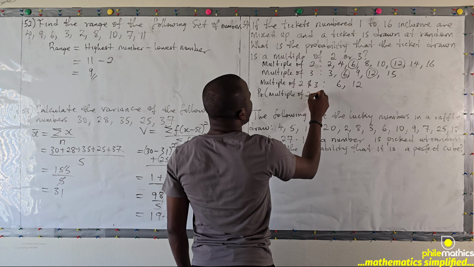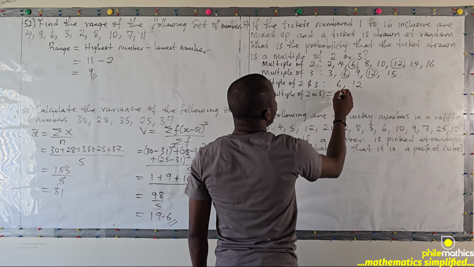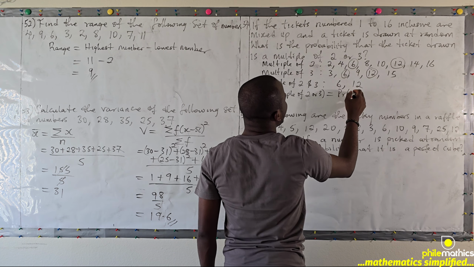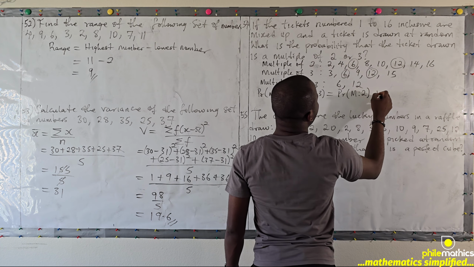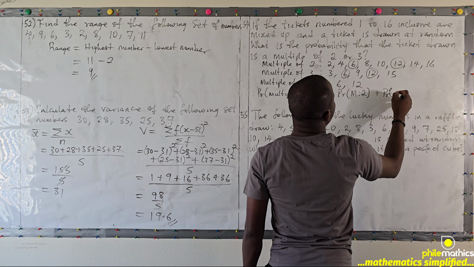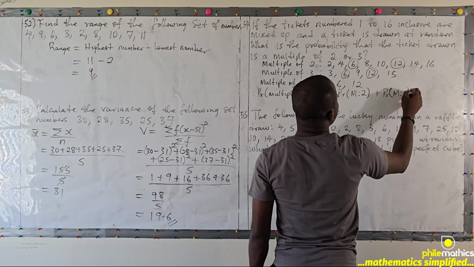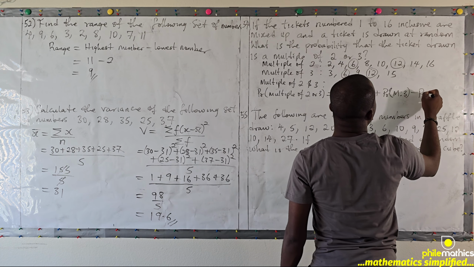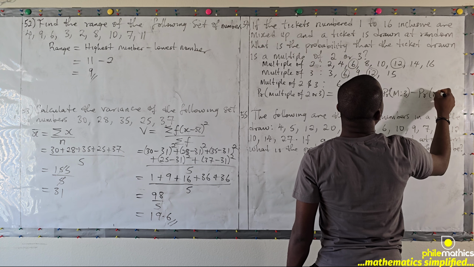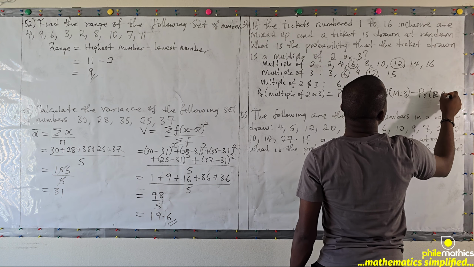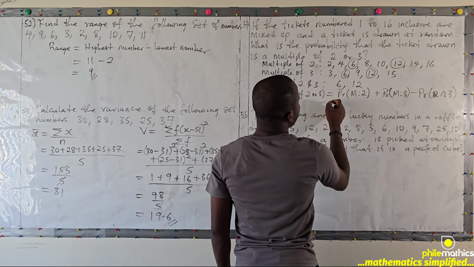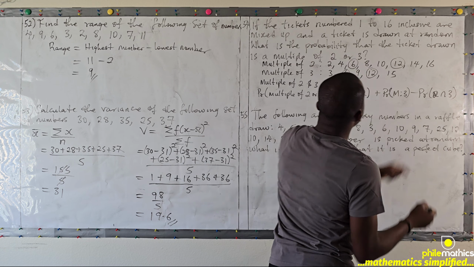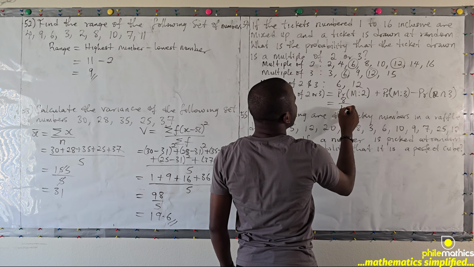The probability of a multiple of 2 or 3 is simply the probability of a multiple of 2 plus the probability of a multiple of 3 minus the probability of a multiple of 2 intersect 3. Multiples of 2 are 1, 2, 3, 4, 5, 6, 7, 8, so 8 over 16.